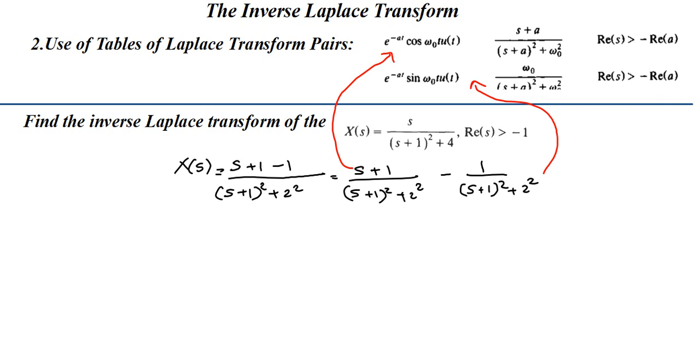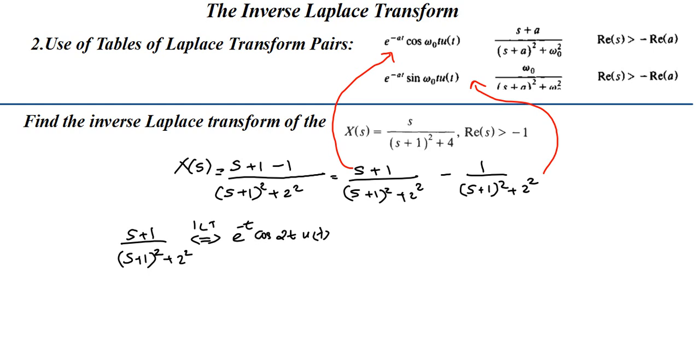So s plus 1 by s plus 1 the whole square plus 2 square, the inverse Laplace transform can be written as e raised to minus t cos 2t into u of t. The signal is causal, so we can write like this.